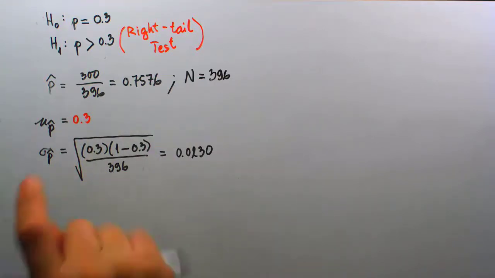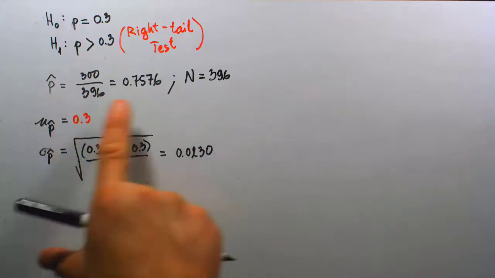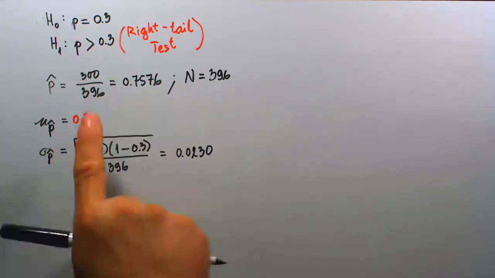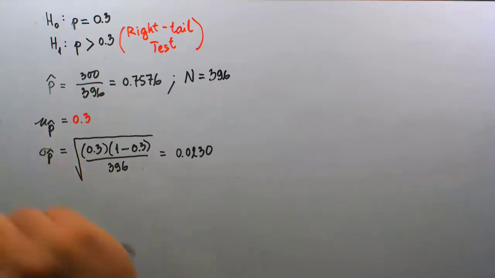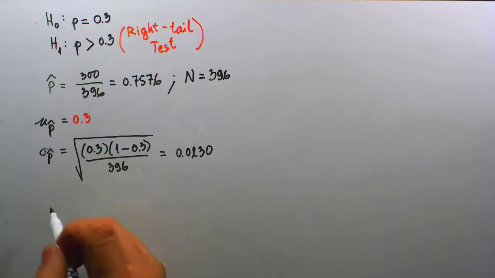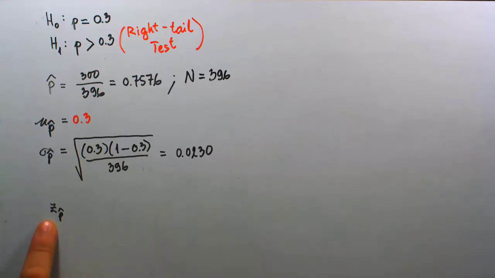Our sample is one sample among infinitely many other samples, but relative to the average of all sample proportions, our sample is going to have a z-score on its own. I use an optional symbol, z-score with a subscript p hat, indicating that I'm calculating the z-score for our sample value.